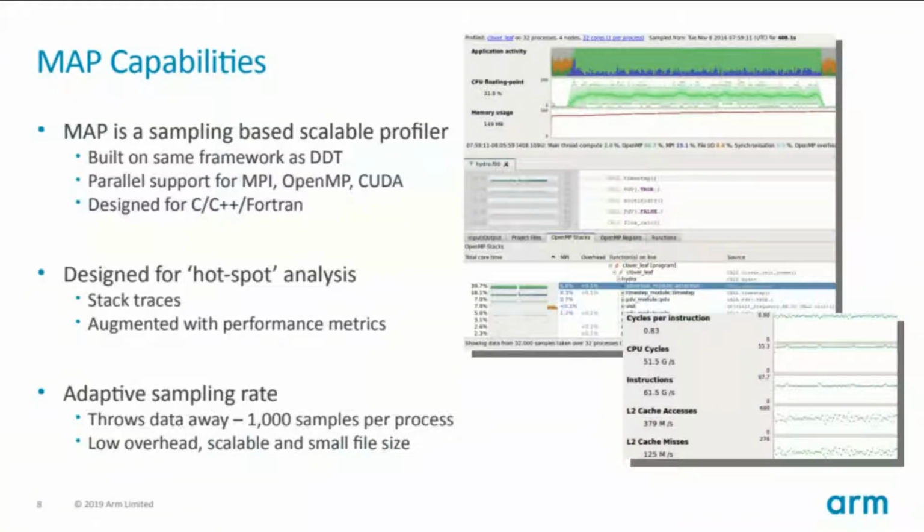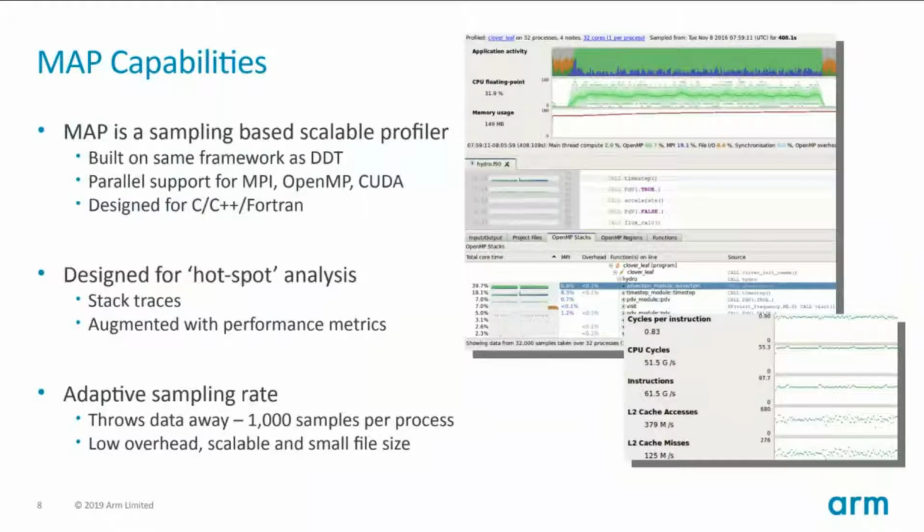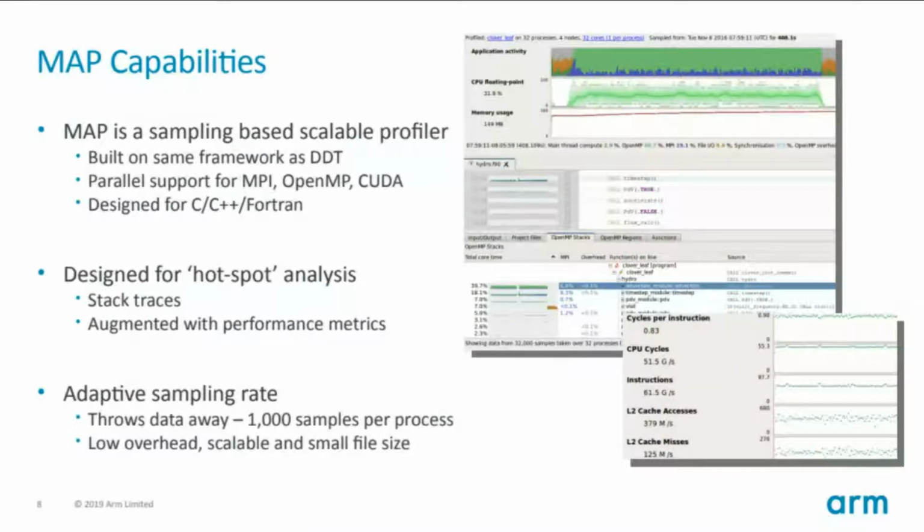So at the end of a long run, it's relatively easy to aggregate the data up to the login node and create a single output file for analysis in the user interface. Now, a couple caveats of that is a lot of times in codes, you might not want to look at an initial phase or a finalization phase.